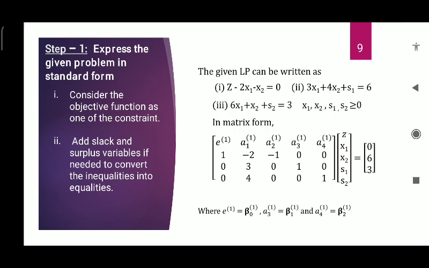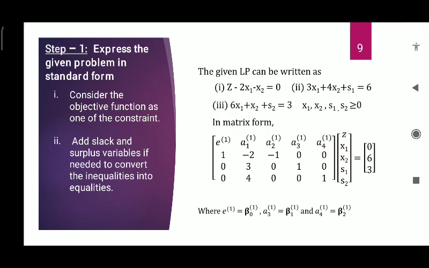So the given linear programming problem can be written in the following manner: z minus 2x1 minus x2 equal to 0, and 3x1 plus 4x2 plus s1 equal to 6, 6x1 plus x2 plus s2 is equal to 3, where x1, x2, s1, s2 are greater than or equal to 0, and z is unrestricted in sign.